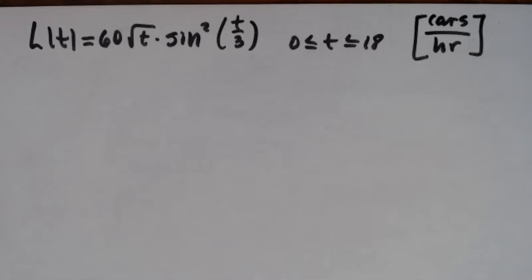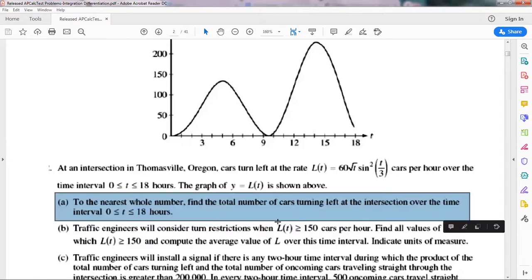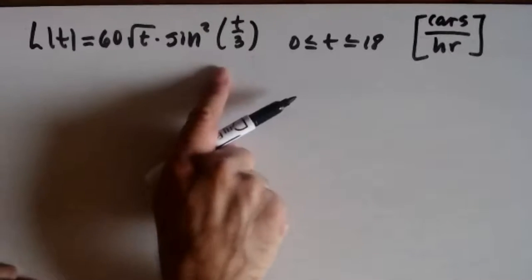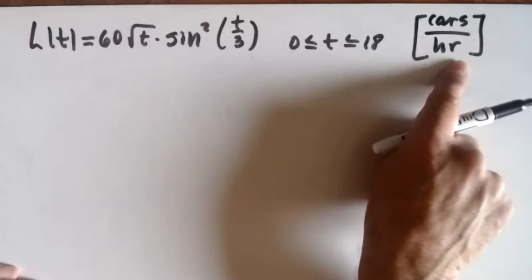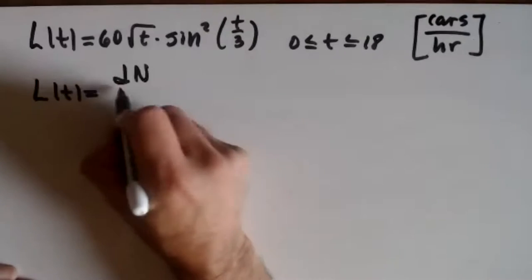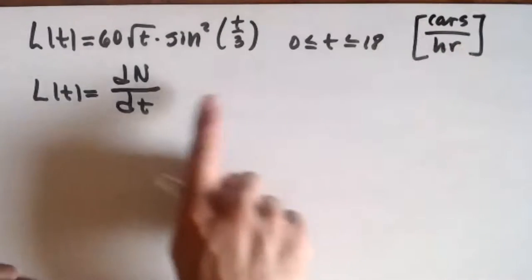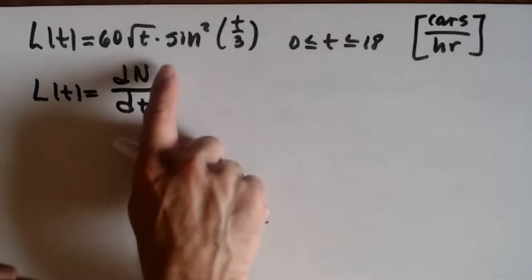So let's go to the screen again. To the nearest whole number, find the total number of cars turning left at the intersection over the time interval from 0 to 18 hours. Again, this is the rate of change, cars per hour. So L of t is the derivative of a certain function N with respect to time. What is N? Number of cars, remember, it's cars per hour, so dN/dt.